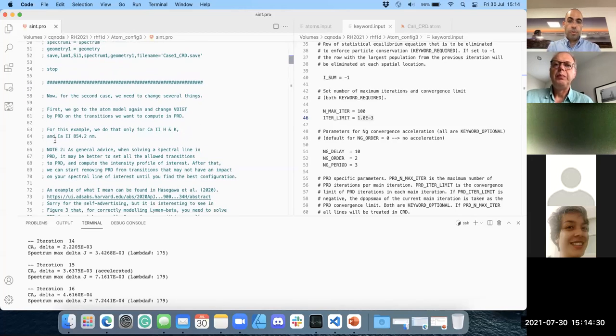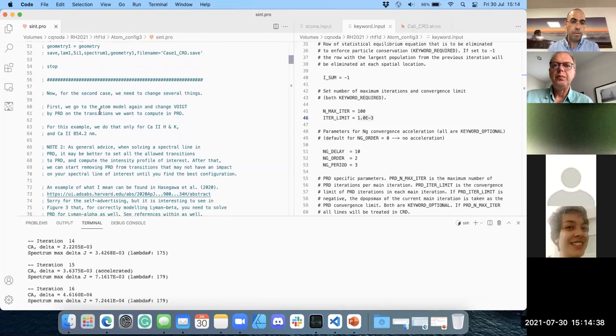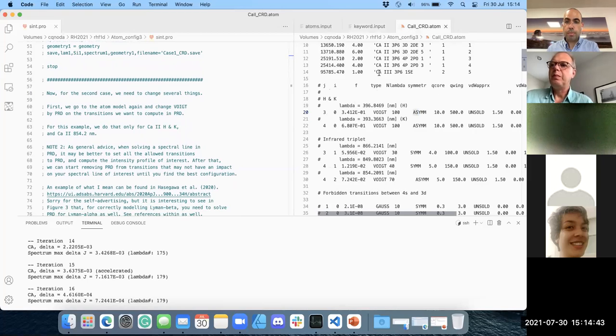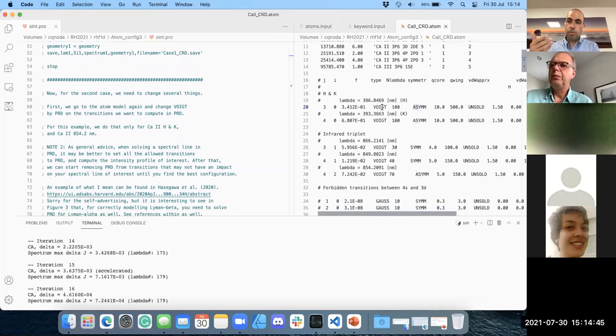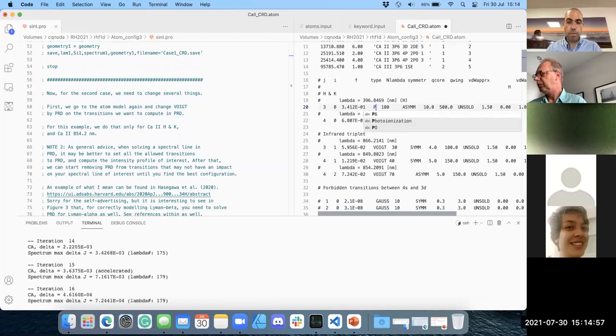Now we go to the second case, where we want to add PID. We need to do several things. The first one is we go to the atom file. Inside the atom, RH allows you to specify PID for a specific transition. You remember that this void meant CRD, so you just change void to PID in the transition of interest.